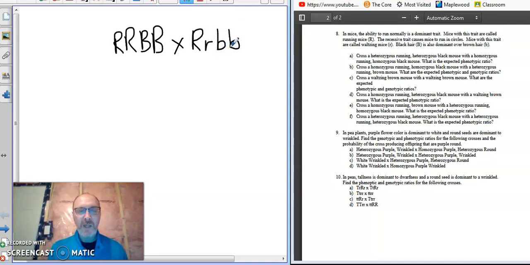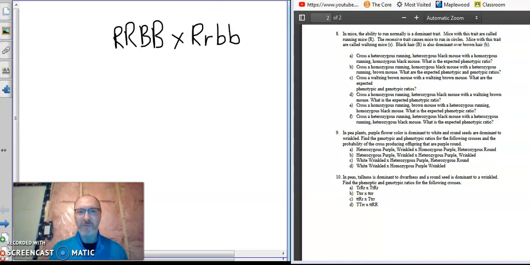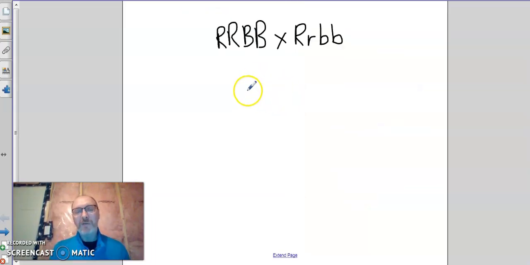Then what you do, we can skip away, make this larger here now, get away from the handout. What we use is 2 to the n. Again, n is the number of heterozygous genes that are found in the genotype. This is homozygous, this is homozygous, so our n is going to be 0. There's only one possible gamete that we're going to get from there.